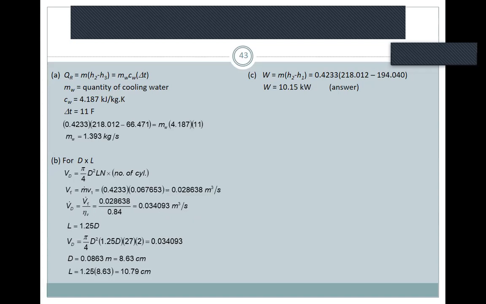So the diameter is 0.0863 cube root, or 8.63 centimeter. And length is 1.25 times 8.63 is 10.79 centimeter.